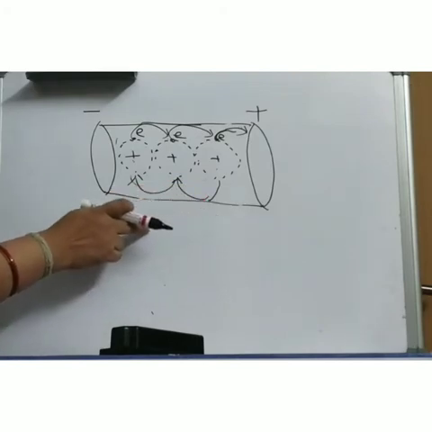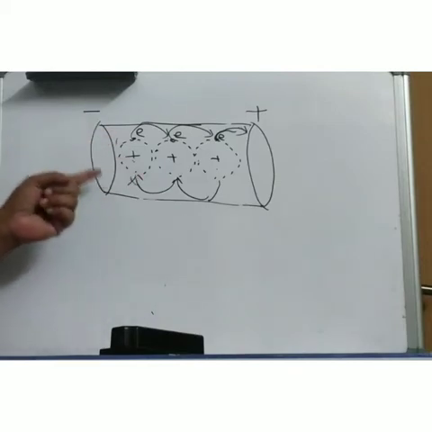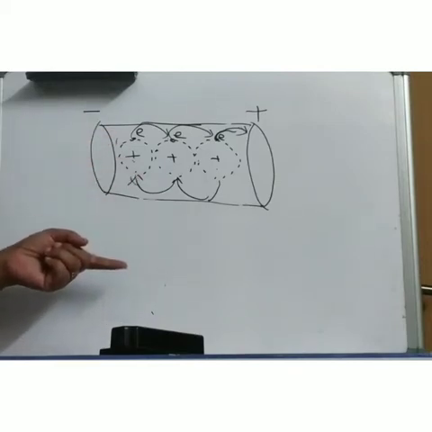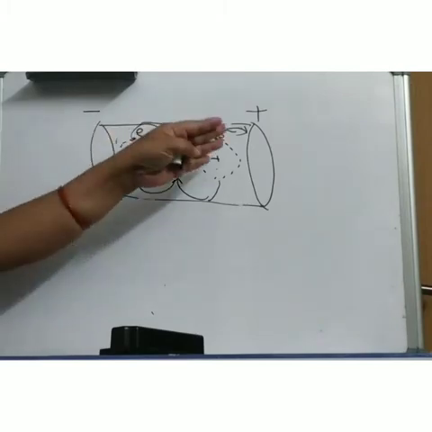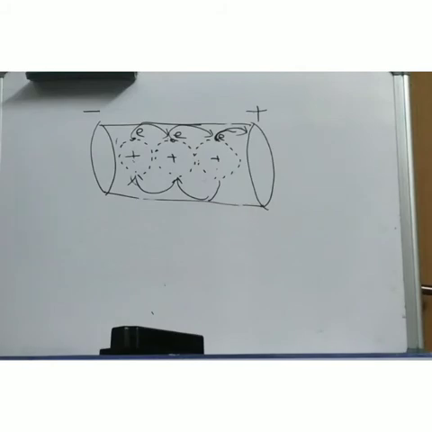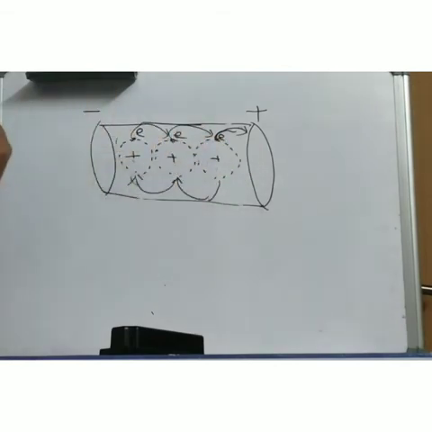So this is really a relative shifting of positive charges. But actually electrons are flowing, those which are negatively charged. So in all the books you will get that electrons are flowing from the negative terminal to the positive terminal and current is flowing from the positive terminal to the negative terminal.